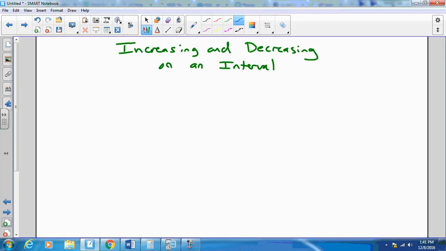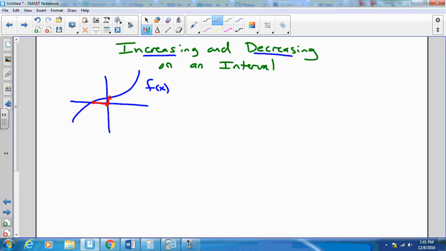So, here we go. Let's talk about what it means to be increasing or decreasing on an interval. If this is the graph of some function f of x, then you can see that intuitively it looks like it is an increasing function. And what makes it increasing, to speak informally, is that every time I go to the right, I also go up.